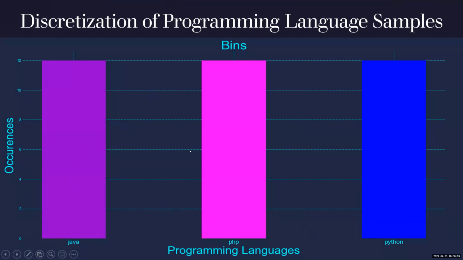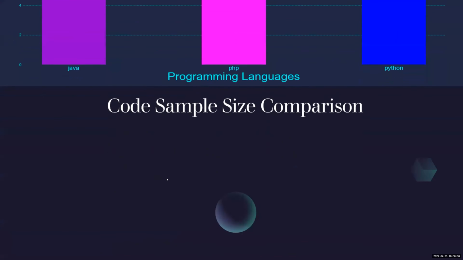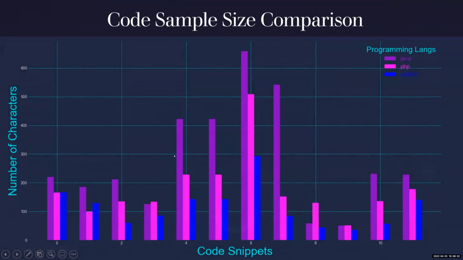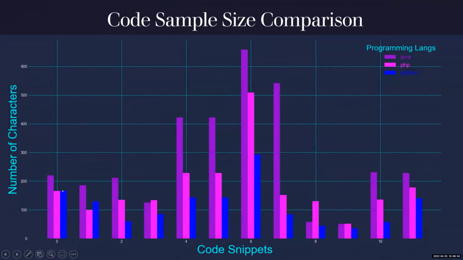You'll see, hopefully. So I made bins and I made sure that, like we're supposed to do with the iris data set, it's not an uneven data set. So I have 12 examples of each. Then the sample size comparison and the number of characters: the purple is Java, the magenta is PHP, and Python is the blue.